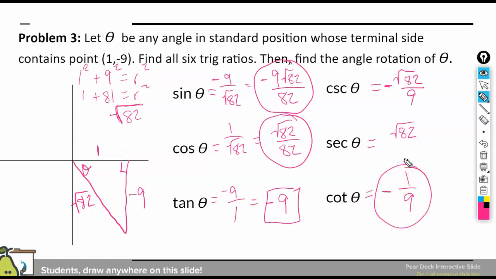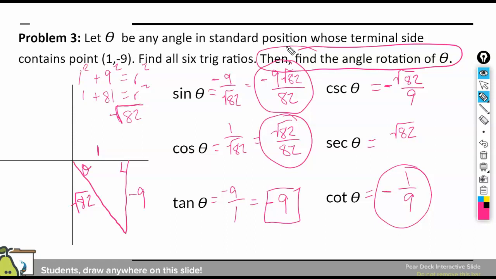But now it is asking us to find the actual angle of rotation of theta. If you are asked to find the angle of rotation, we do remember that that's why we have our inverse trig functions. We can use the inverse trig function on our calculator to help us find what that angle is.